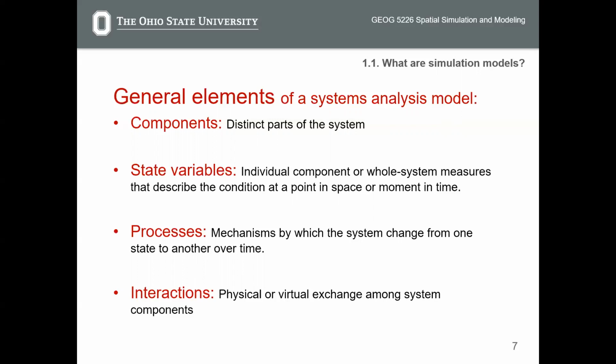Processes, mechanisms by which the system changes from one state to another over time, and interactions, physical or virtual exchange among system components, right? For example, interaction between the atmosphere and a tree, because there is exchange of oxygen and CO2, and other interactions among different species, right? So these elements usually can all be found in a systems analysis model, okay?